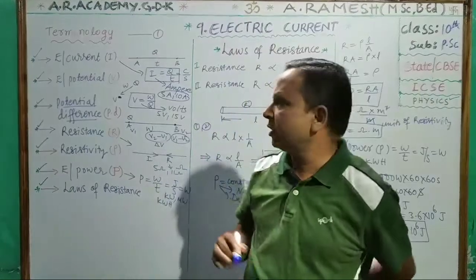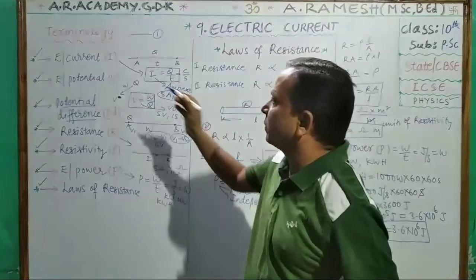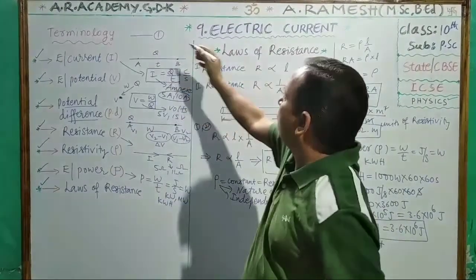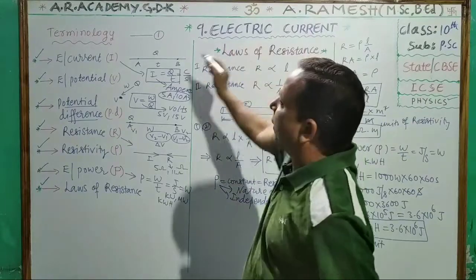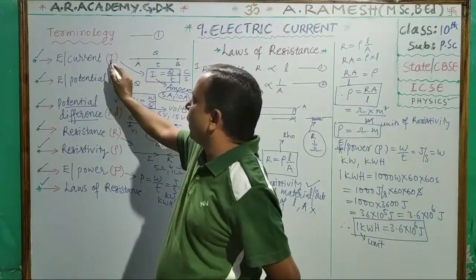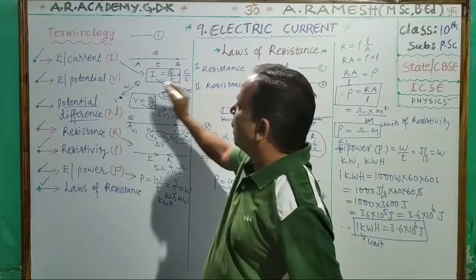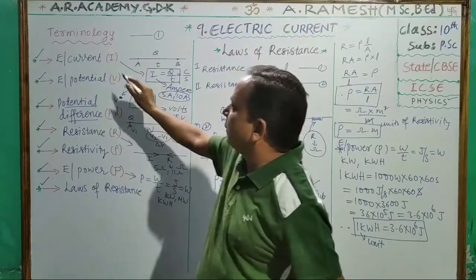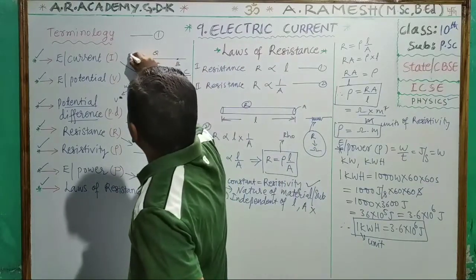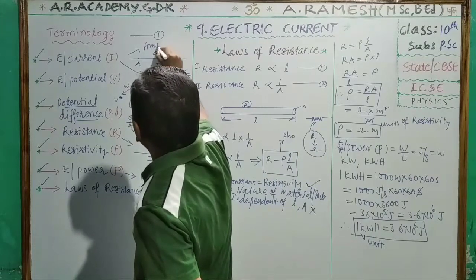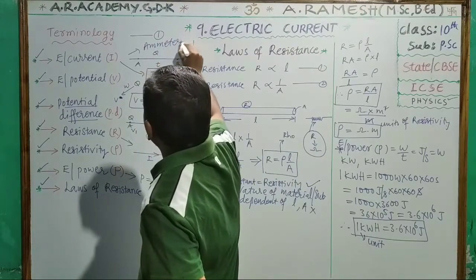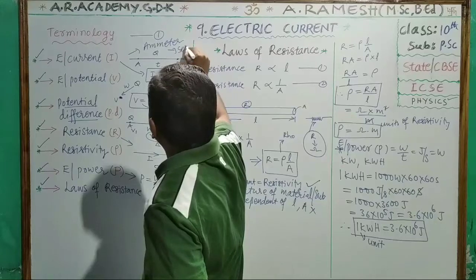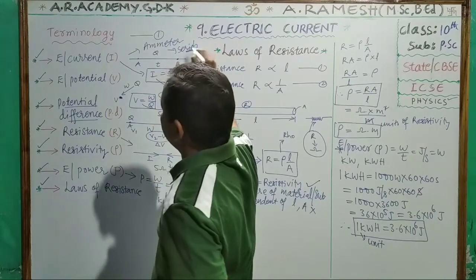Today what we learned, children, let us conclude once again. Terminology related to the electric current lesson: what is electric current, and what are its units? Electric current is measured with an ammeter. Remember children, ammeter is always connected in series in the circuit.